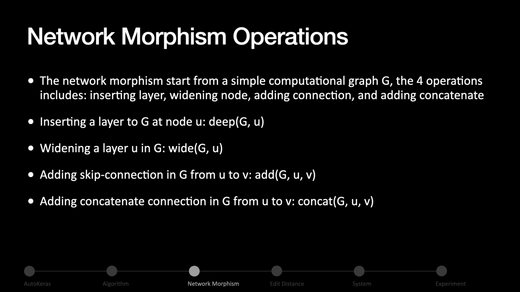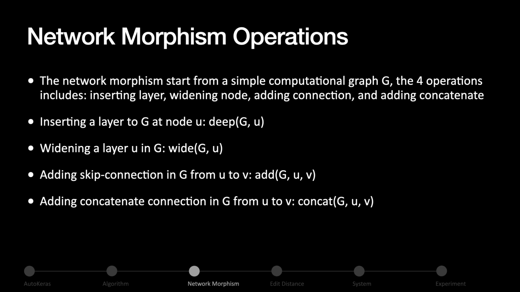Inserting a layer to G at node U can be represented as operation deep of G U, where U marks the place to insert a layer. Widening a layer U in G can be represented as operation wide of G U. Note that since the width of U is changed, both input and output layers should be defined accordingly.